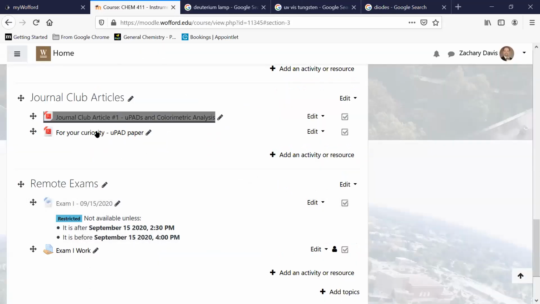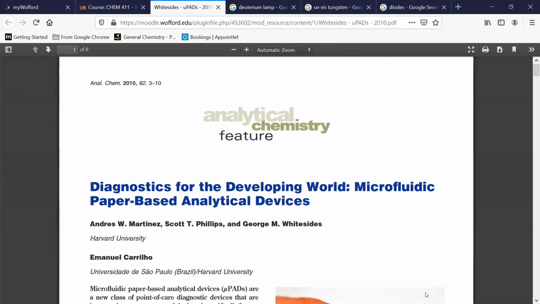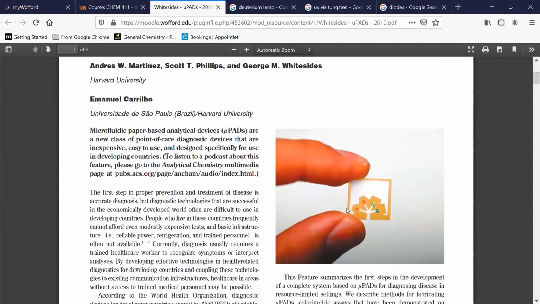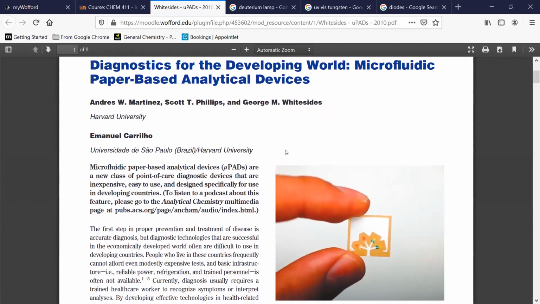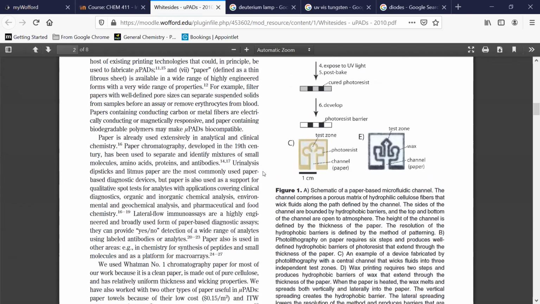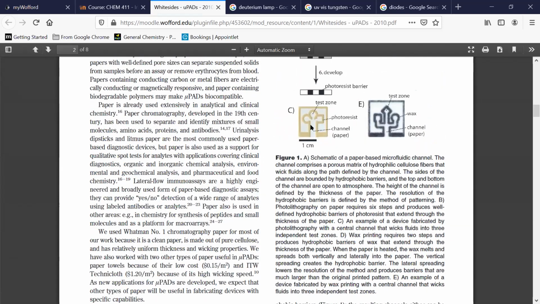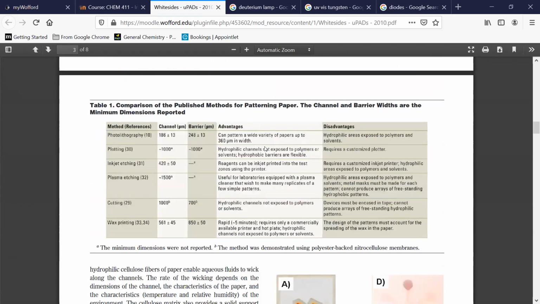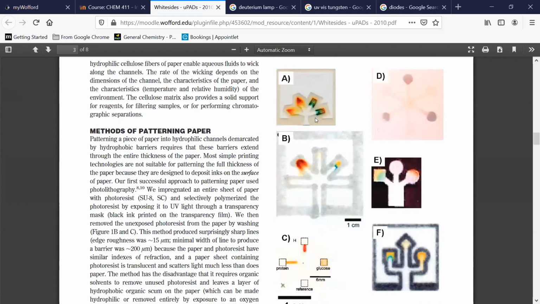I also put, just if you're interested, his main paper on micropads, paper-based analytical devices, PAD. But these are just little pieces of paper that have channels for liquid to flow, and you can put different test reagents in each of those wells, so that you can test for different things in the same sample based on how it reacts in a different well.